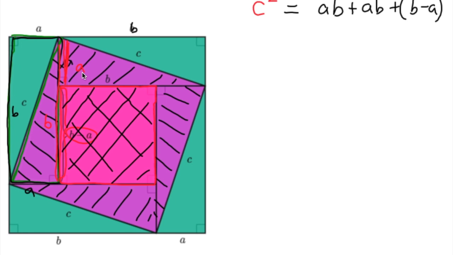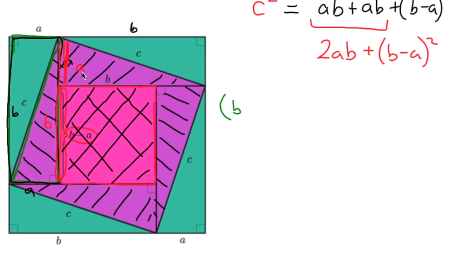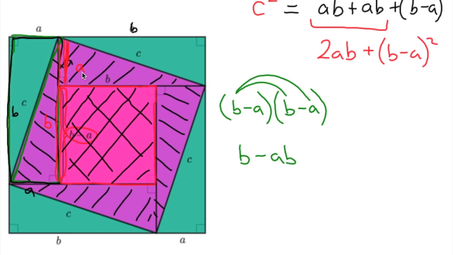Let's play around with it. Just to simplify a little bit first, we're going to take these two ab's together, because ab plus ab is just 2ab. And we're going to add that to (b minus a) squared. Well, what is (b minus a) squared? It's just b minus a times b minus a, so we've got a bit of distribution going on here. b times b is b squared. b times negative a is negative ab.